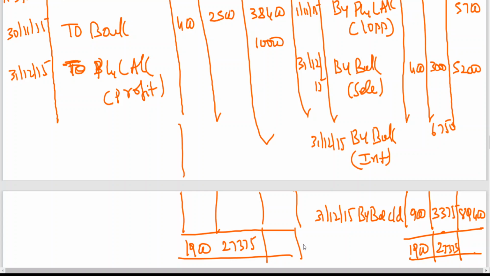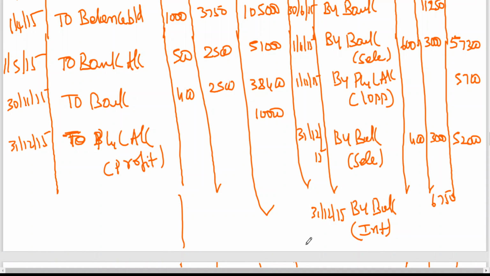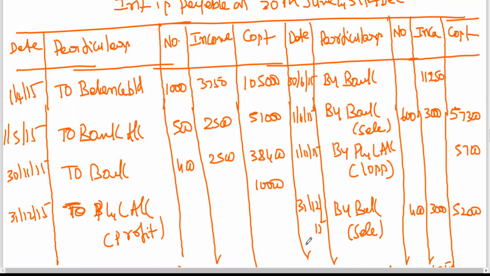From this you deduct 2,500, sorry, 27,375 minus 2,500 minus 2,500 minus 3,750, 18,625 is the income column.